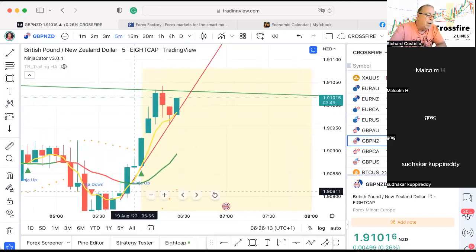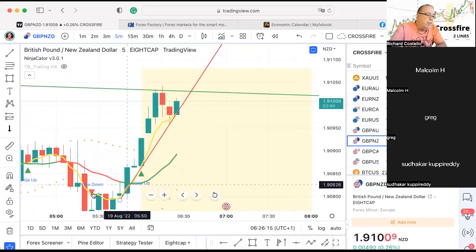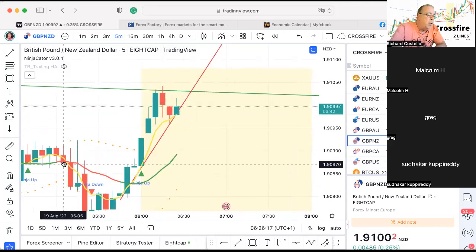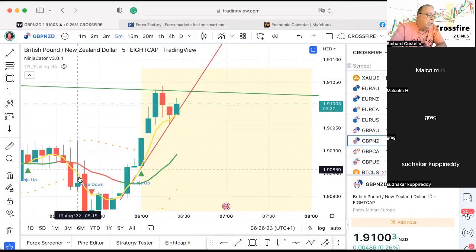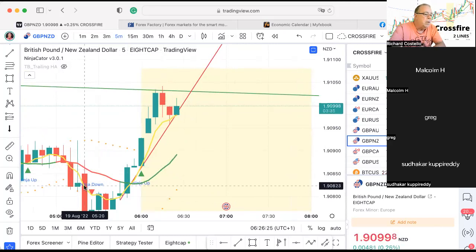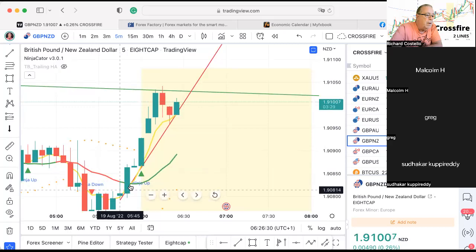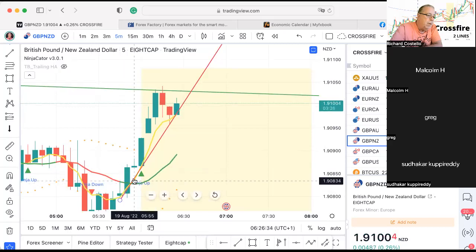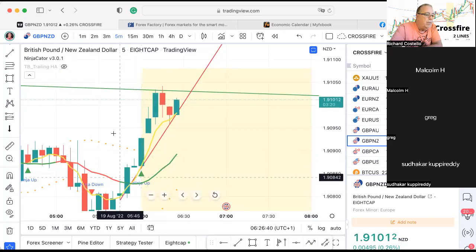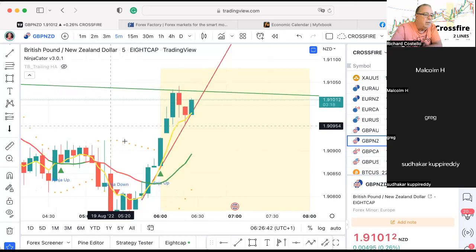Now, the thing that I look for is the crossover. So you see at that point, the 5 moves below the red, below the 13, and starts to move away from it. Now, that's a good sign to me that we're in a sell. And then at this point, it crossed back over and went above the 13 line, and we went into a buy. So that's the power of the 2 moving averages.